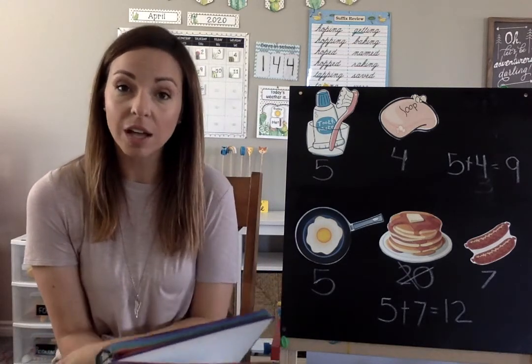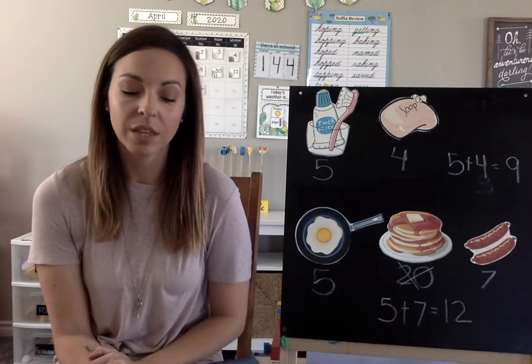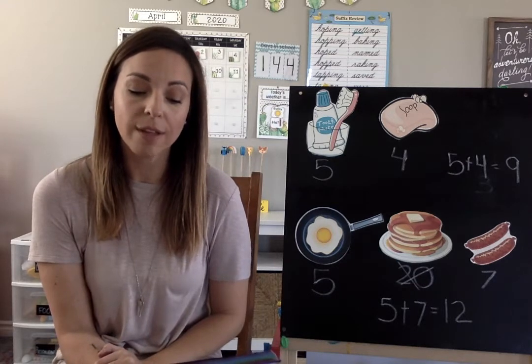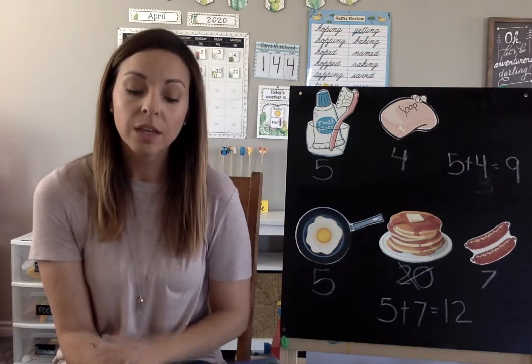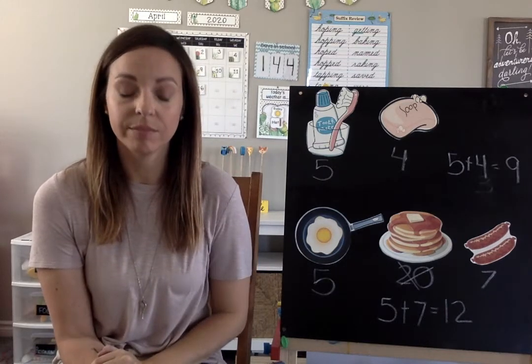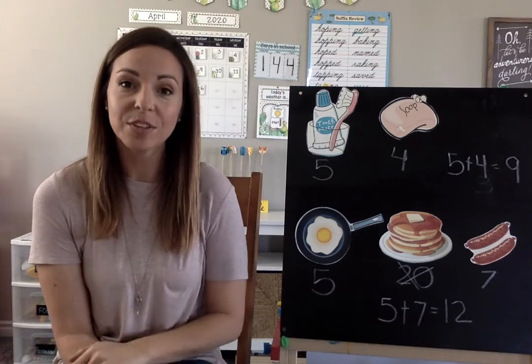You're going to look at the clocks, and you're going to find which time they're showing. Number 2, you're going to need a ruler for. It says, use your ruler, draw lines that are these lengths. So look at the lengths that they're asking for. That's how long your lines need to be. Number 3, write the sums. You're just going to add those numbers together.